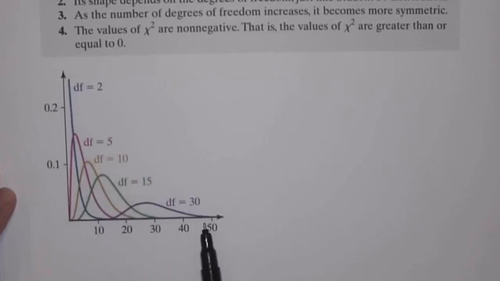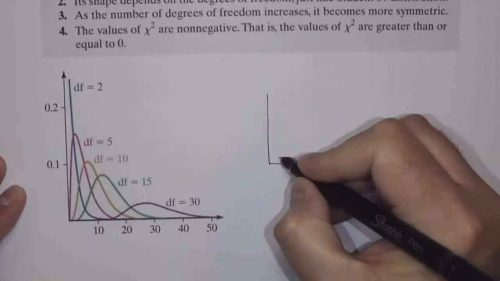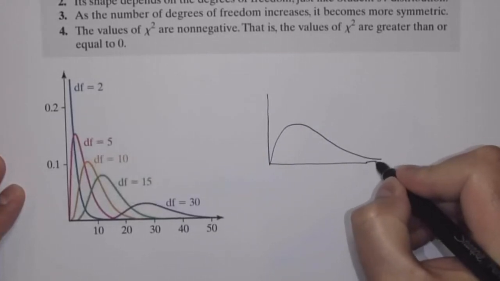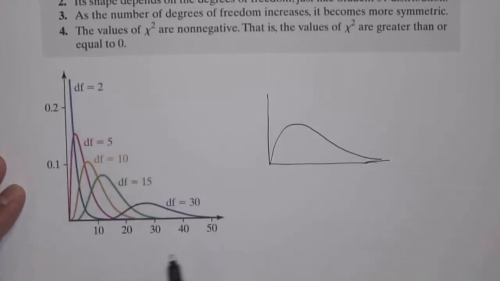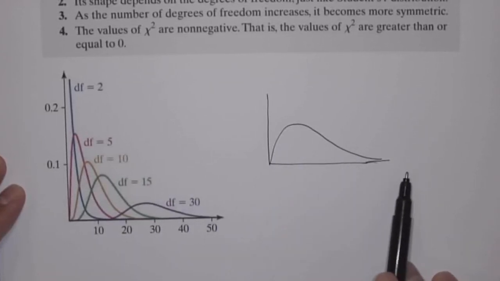And last but not least, the purple curve here, which has 30 degrees of freedom. So as a general rule, a chi-square distribution is usually going to have a shape something like this. It's usually going to be skewed right. But again, as the degrees of freedom increase, this becomes more and more symmetric.